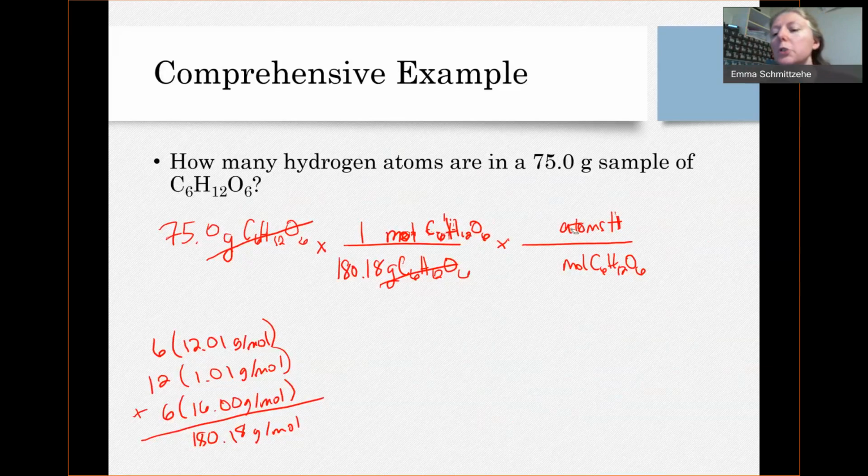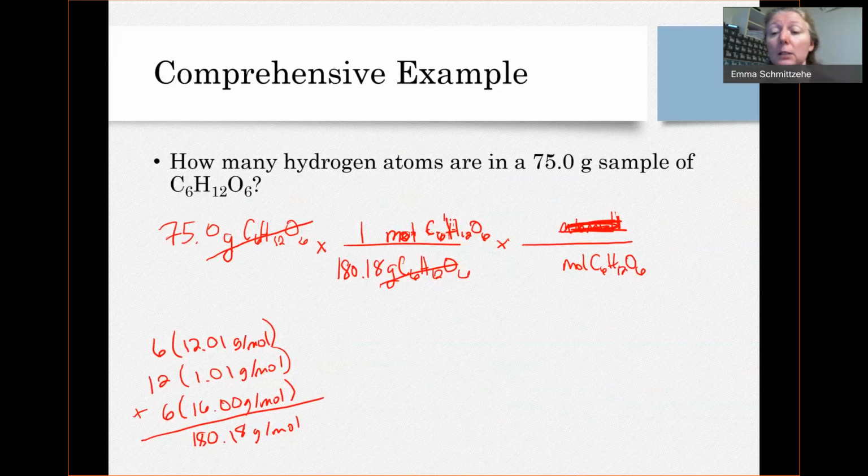So what can we relate to atoms is the question. Maybe it won't let me erase this, so I will just cross it out. There we go. So what can I go to from moles of this compound that will help me figure out how many atoms? Well, I should be able to relate the atoms to the molecules, right? Because if I had 1 molecule of C6H12O6, I would have 12 atoms of hydrogen.